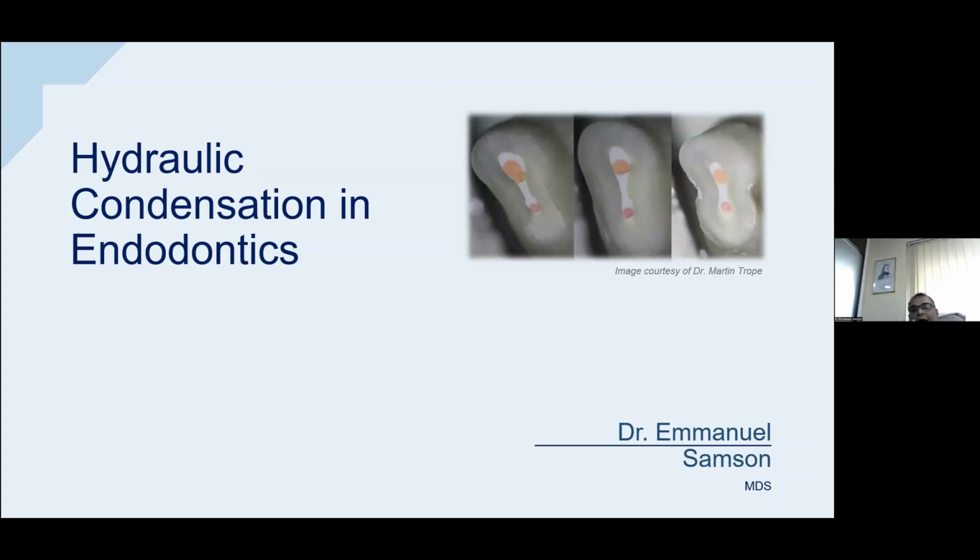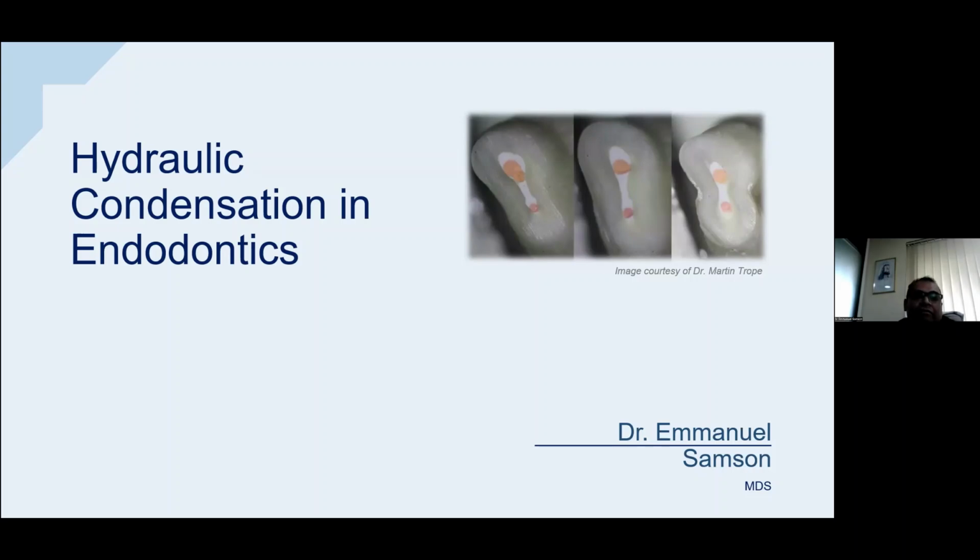So, as you all know, due to the advent of bioceramic sealers, the single cone obturation technique has become very popular, and it is becoming successful as an endodontic therapy.